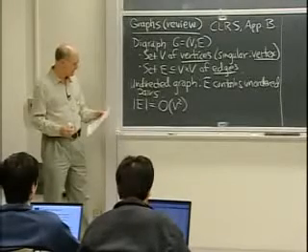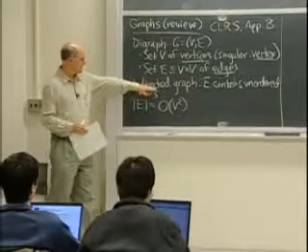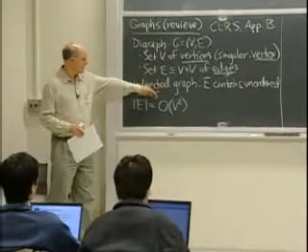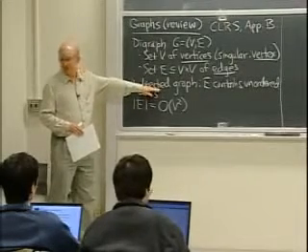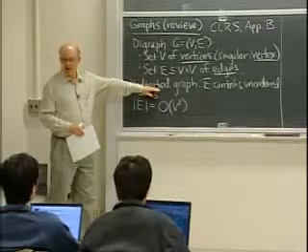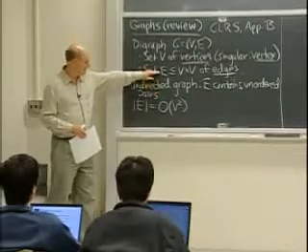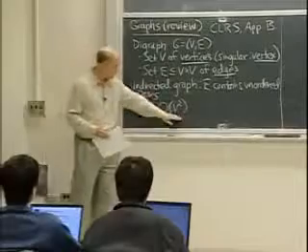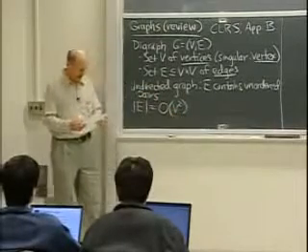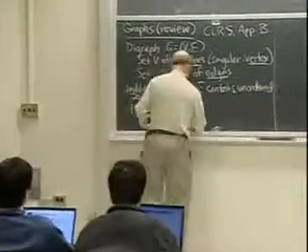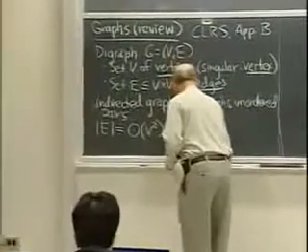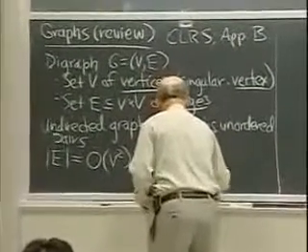So E is order V squared, whether it's a set of pairs or not, because if it's a set of pairs, it's at most n choose 2, which is at most n squared over 2. Here it could be at most V squared over 2. Here it's at most V squared. Another property that sometimes comes up is that if G is connected, we have another bound.